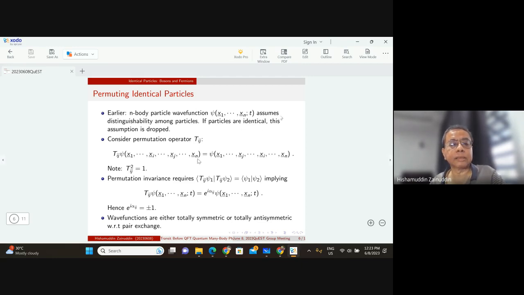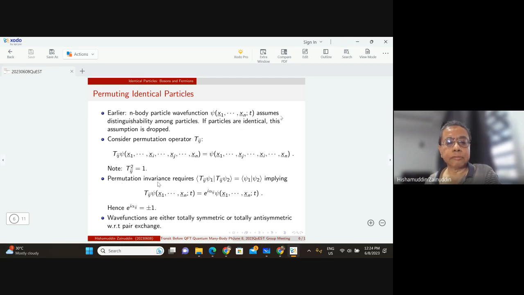They are supposed to be obeying certain symmetry, which is the permutation symmetry essentially. If we repeat this permutation operator twice, the same permutation operator, then you get the identity, which is going to be important for us.